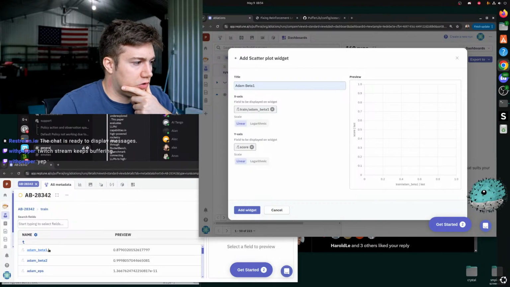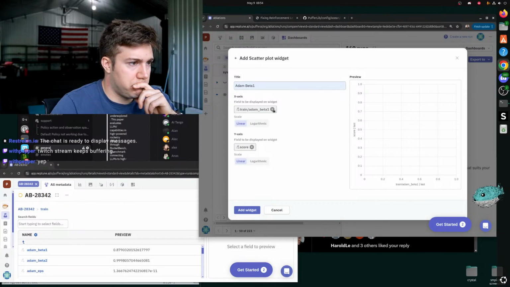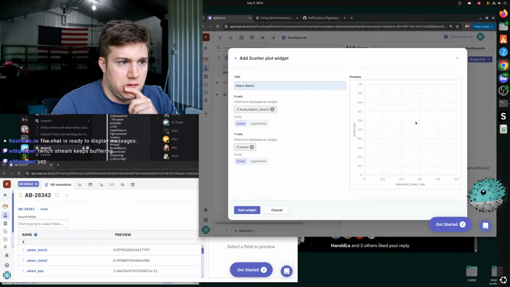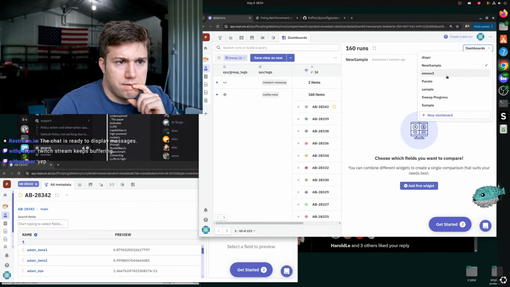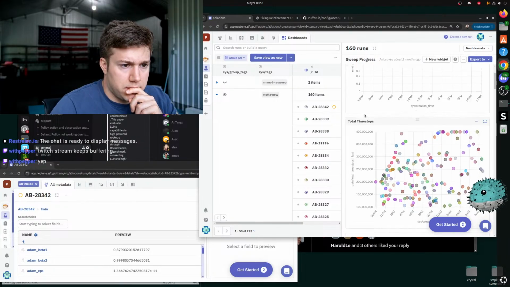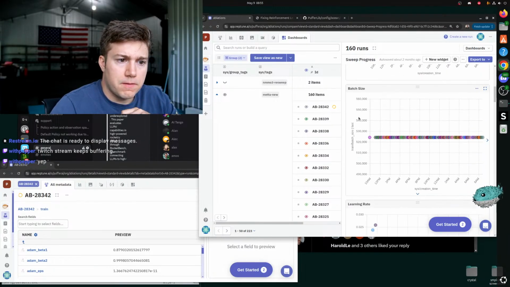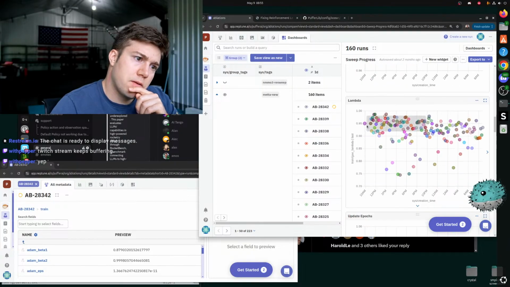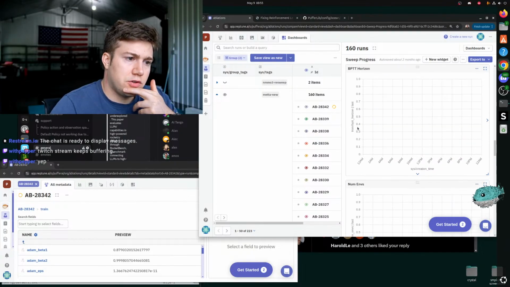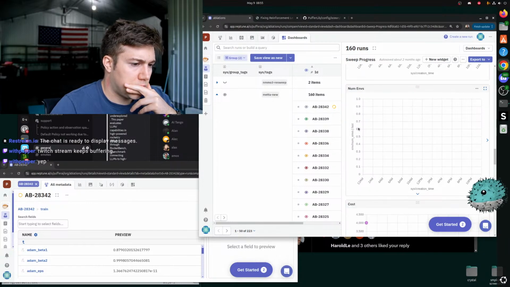I see it right here, train/Atom Beta 1, right? Hang on. So it has all these train/whatevers.